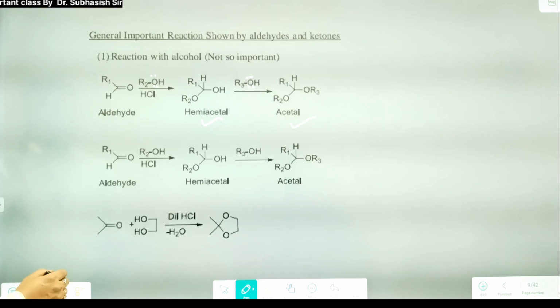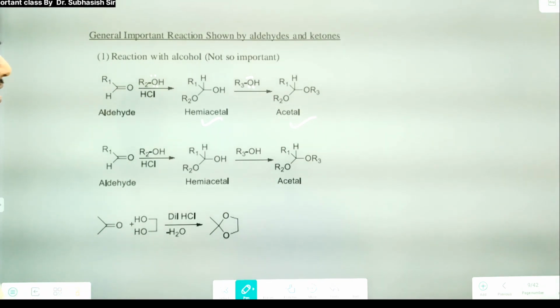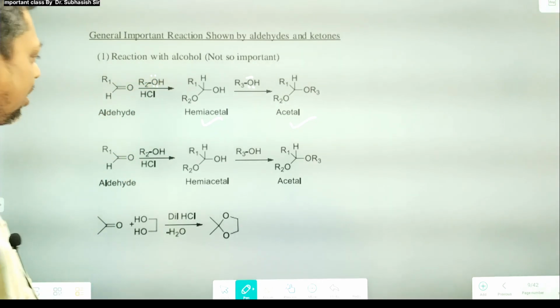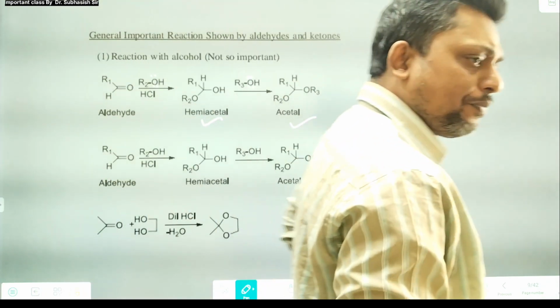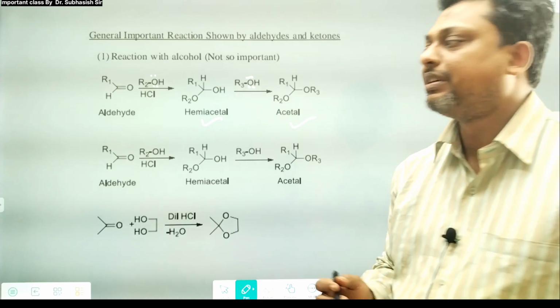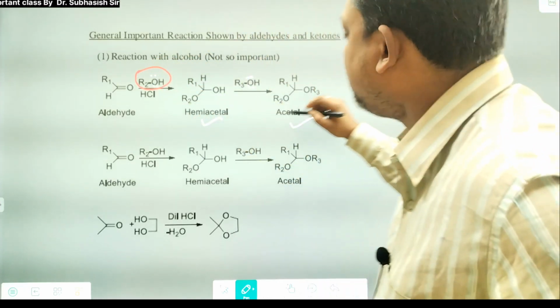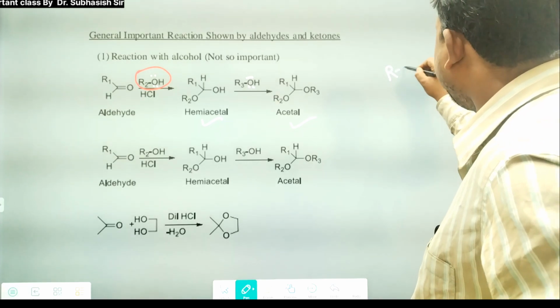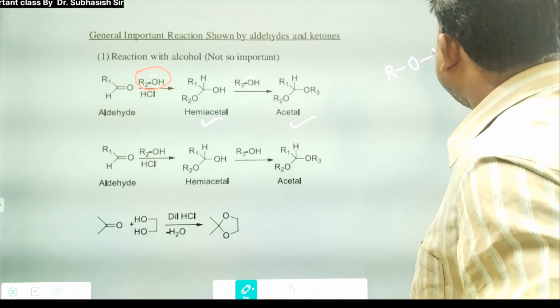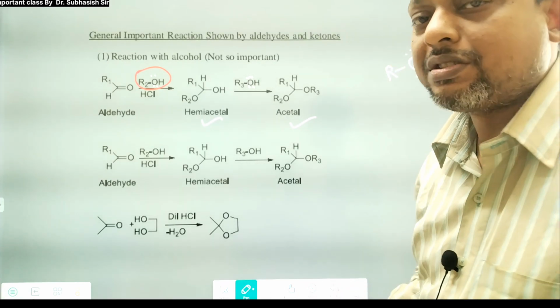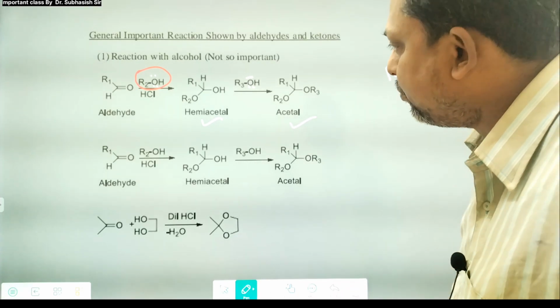Here you can see that these reactions occur by nucleophilic addition of alcohol. Now you can ask, what is the nucleophile? In this case ROH is acting as a nucleophile. Why is it a nucleophile? Because any species which has a negative charge or contains a lone pair of electrons is considered a nucleophile.